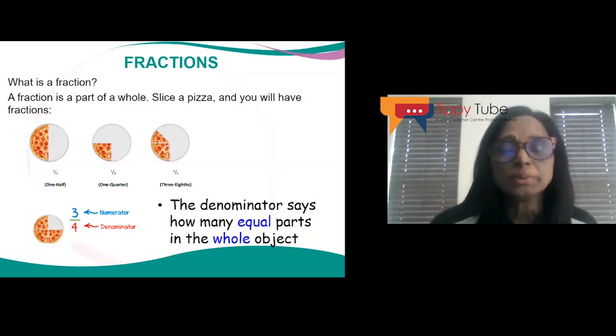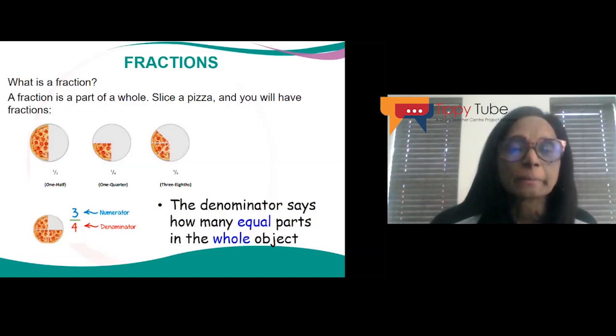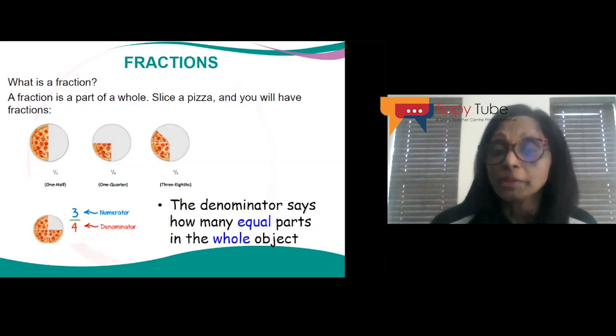In the first pizza, you will see that it is cut into 2 parts. Each part is called 1/2. In the second pizza, you will see 1/4. In the third pizza, you will see 3/8. This means that the pizza is cut into 8 equal pieces.